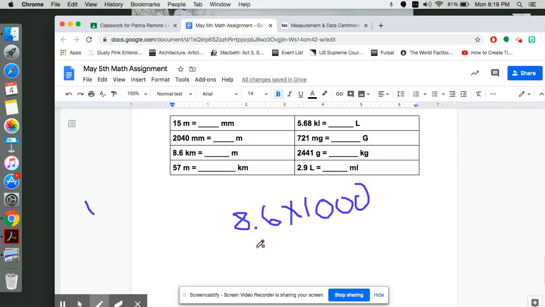And I move my decimal to the right 3 times because I'm multiplying. I go 1, 2, 3. And I place my decimal at the end, and I get 8,600 meters, which would make sense. There's going to be a lot more meters in kilometers than the other way around.